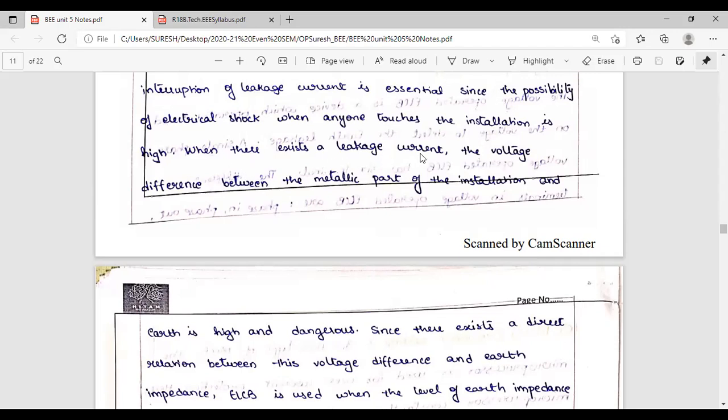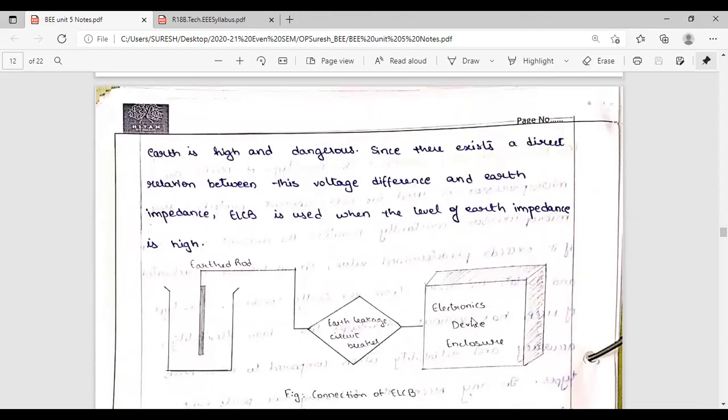When there exists a leakage current, then there is a potential difference, a voltage difference between what? Read this and tell me. Where is the potential difference when there is leakage current? Metallic part. See, the potential difference is in between this device and the earth.